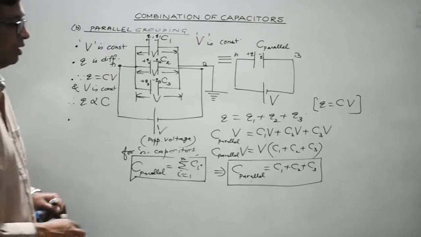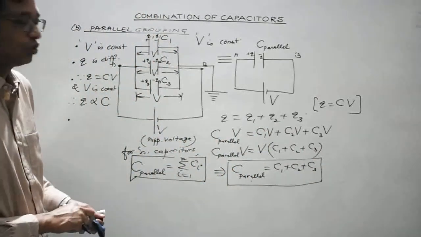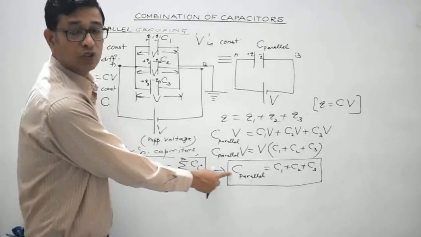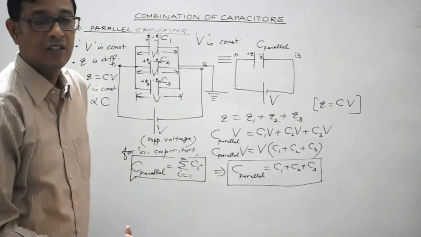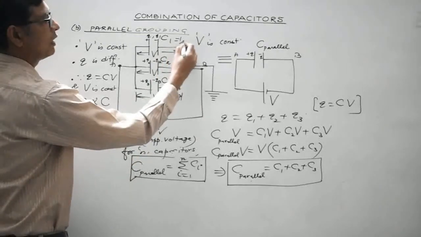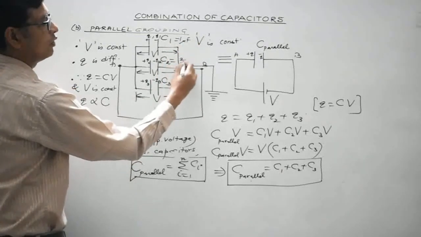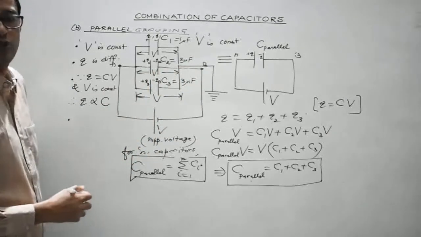Now look, it is given by the sum of the capacitances of the individual capacitors. So obviously the net capacitance of the parallel grouping would increase. Let us give an illustration. Suppose C1 is 1 microfarad, C2 is 2 microfarad and C3 is 3 microfarad.